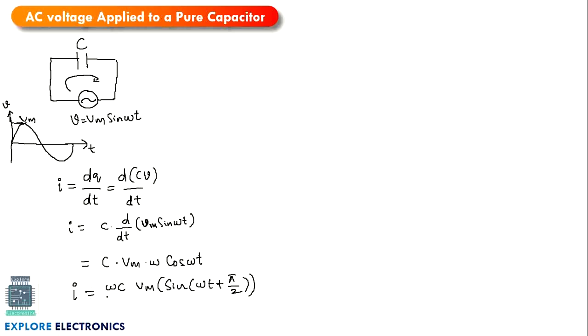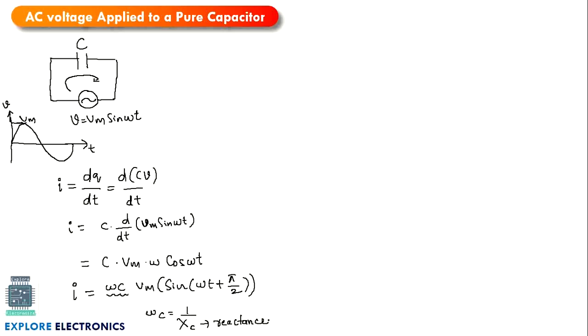Here, what is this omega C? This omega C can also be written as 1 divided by Xc. Xc is the reactance of the capacitor, the capacitive reactance.